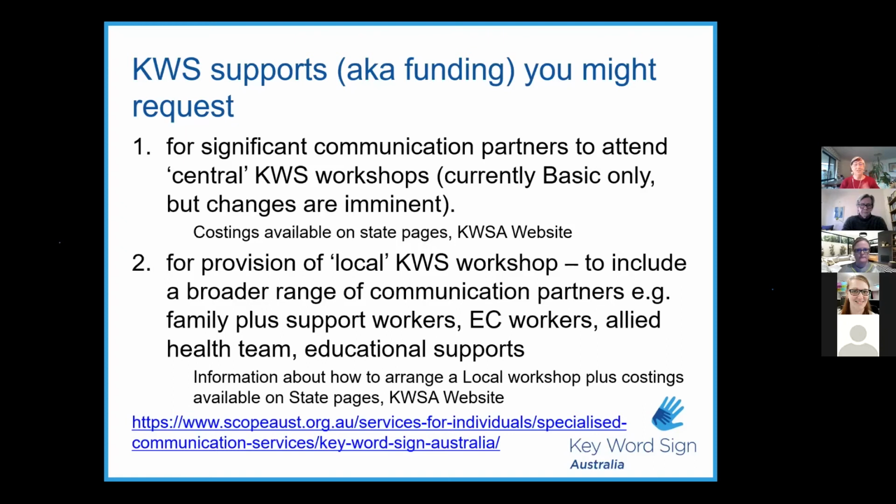They are priced variably, and it depends on whether you're rural and remote or more metropolitan. But you can basically have a presenter come to you and do a basic workshop. If you organise for that, that can be funded from your capacity building, but identify that it needs to go in there.